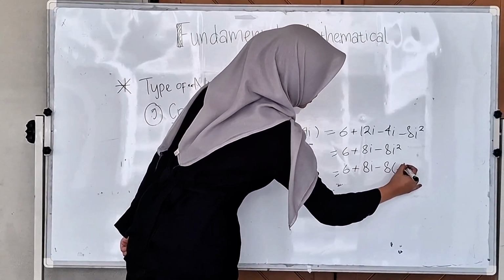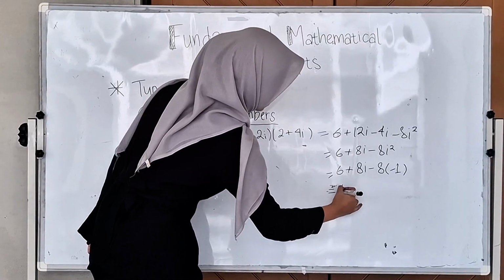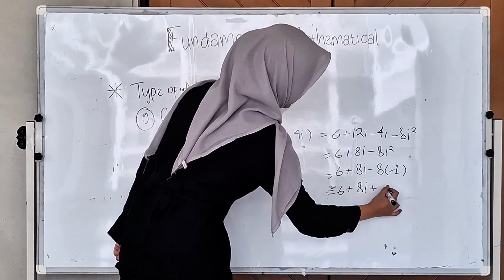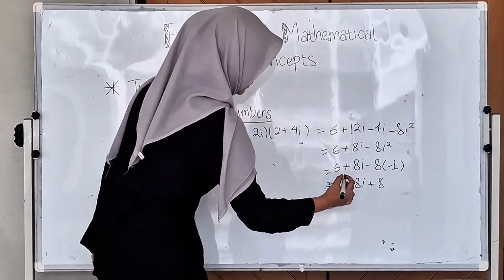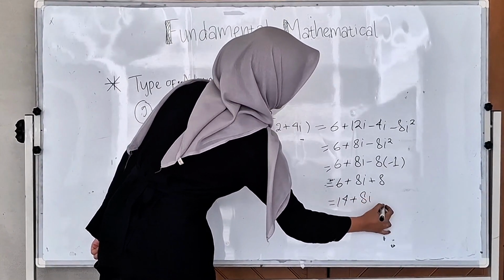So we can write it here. So next equals 6 plus 8i plus 8. And the result is 14 plus 8i.